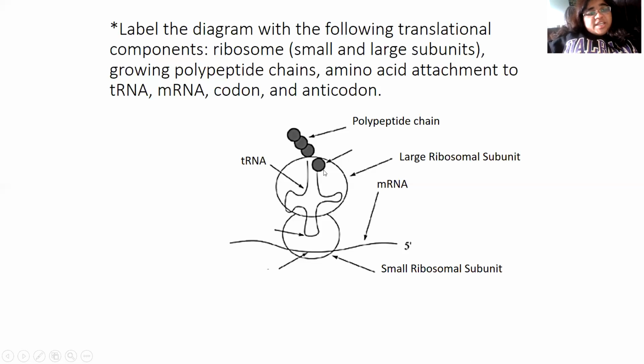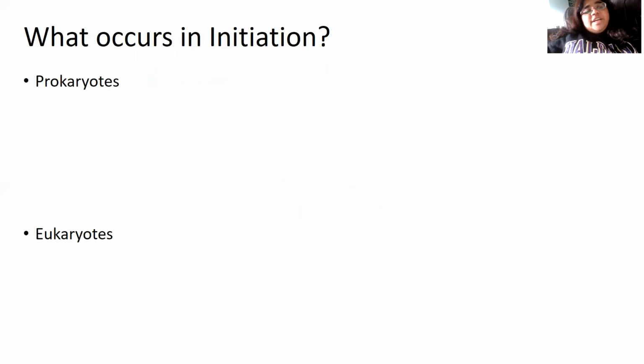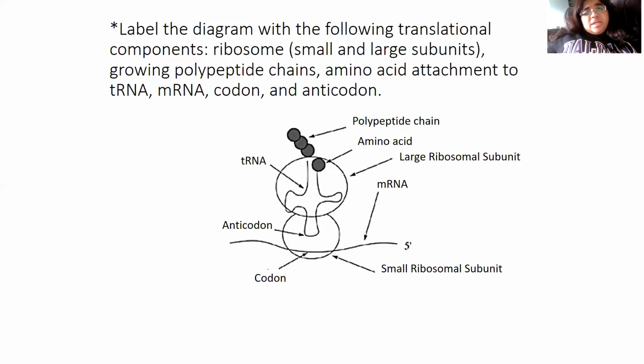The tRNA is coming in from here, with this clover leaf shape, and it has an amino acid attached to it. You have the codon down there. Remember, the codon is always in the mRNA. The anticodon is in the tRNA. I hope that makes sense, just understanding what is where.